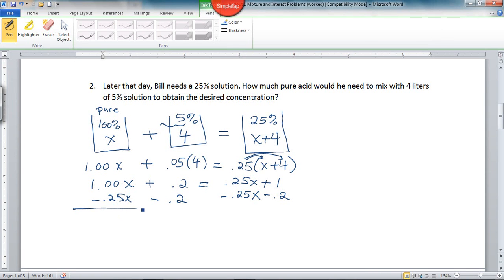Here's what I wind up with. 1.00 minus 0.25, that's 0.75x. 1 minus 0.2 is 0.8. All right, so all we have to do is divide by 0.75.